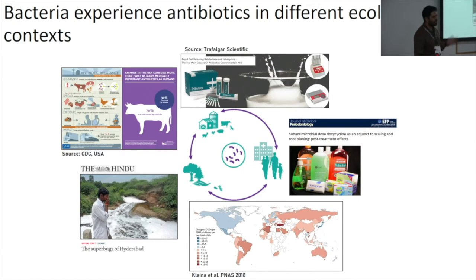So for example, in patient bodies, we're going to see temporal variations in antibiotic concentrations. In environmental reservoirs of bacteria, again, we're probably going to see low concentrations of antibiotics that vary over much longer time scales, right? And all of these different ways in which bacteria experience antibiotics apply different kinds of selection pressures on the mutants that could potentially confer resistance, right?